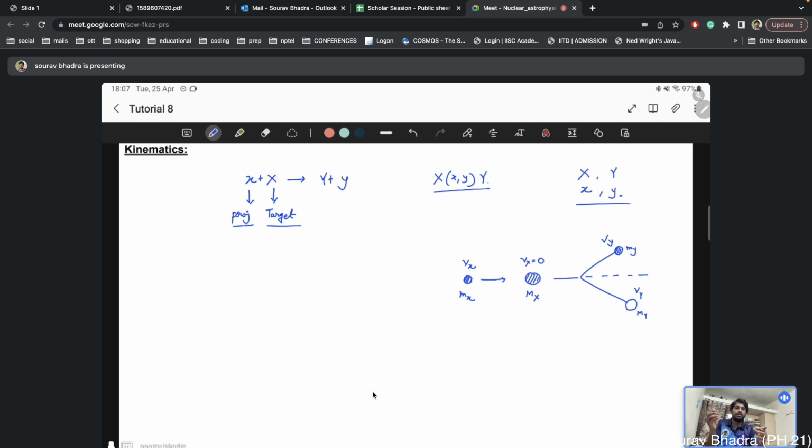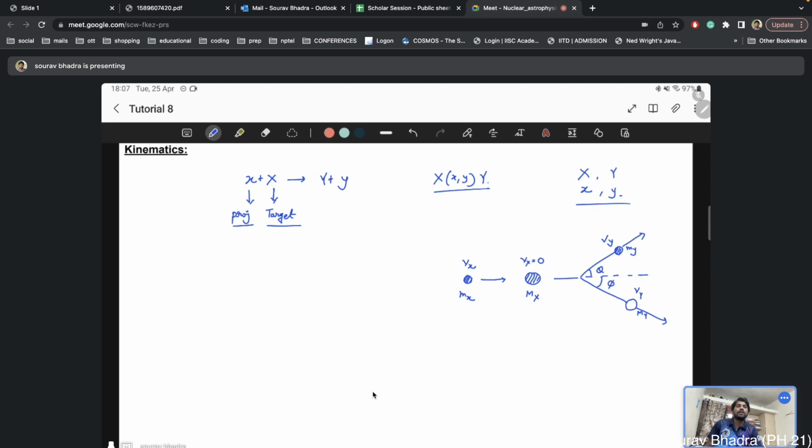So this is our consideration: a projectile is coming, it is interacting with the target, and two products are created and going in some directions, as in our figure. We consider that with respect to the path of the projectile, the small y makes an angle of theta, and capital Y makes an angle of phi.